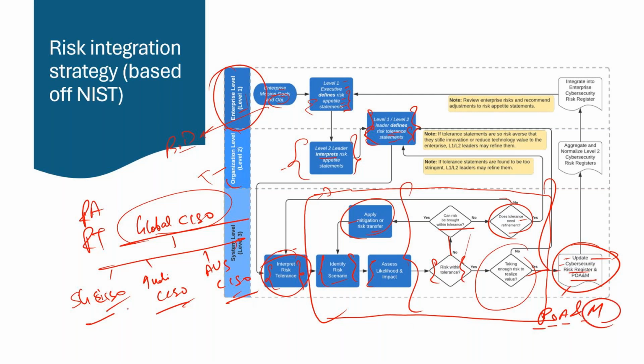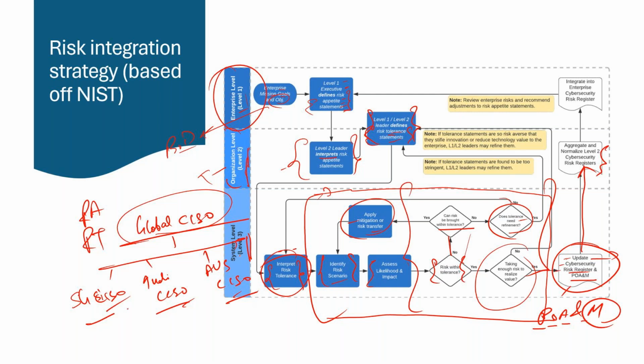So once we have updated this register here, the cybersecurity register and plan of action and milestones, it would be aggregated with the level 2 register. So in certain scenarios, the risk register between level 3 and level 2, which is really on a system level and organization level, could be the same.